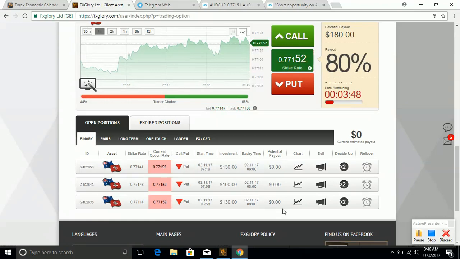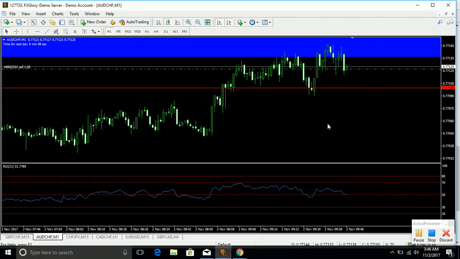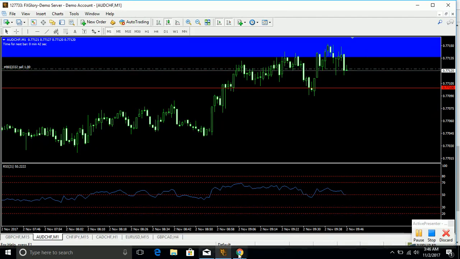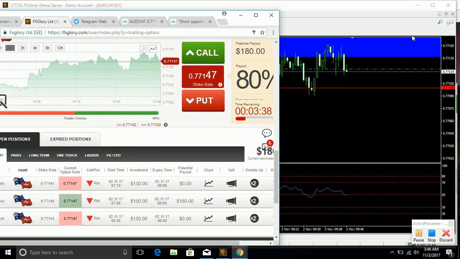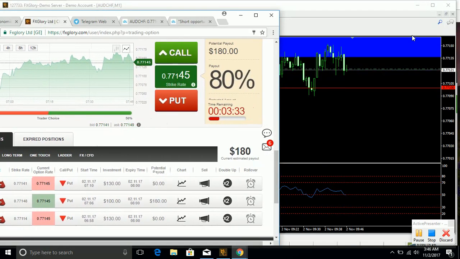We still got 15 more minutes, so don't panic on those. We'll go ahead and let these play out. 15 minutes left on these trades.